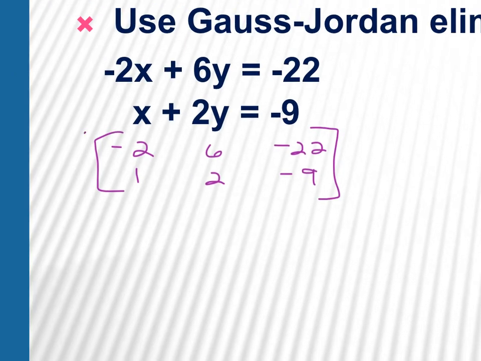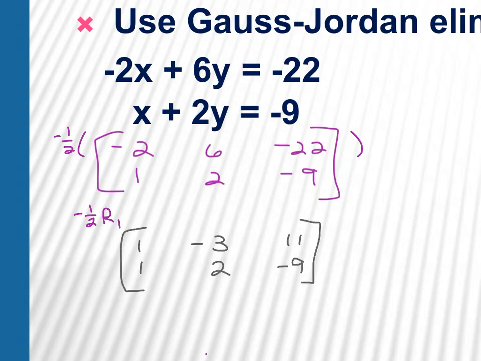Okay. And I get 1, -3, and +11, and then 1, 2, -9. What else could you have done first step? Because that's not the only thing you could do. Switch it. You could switch it too. Okay, either way. So now I've got the 1 here.